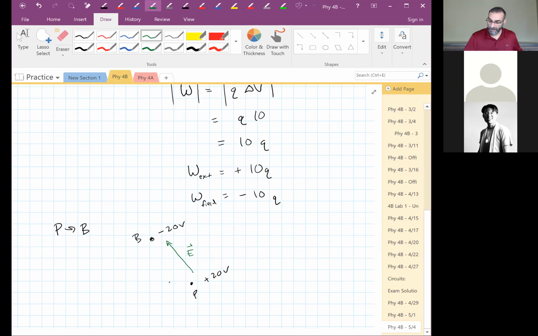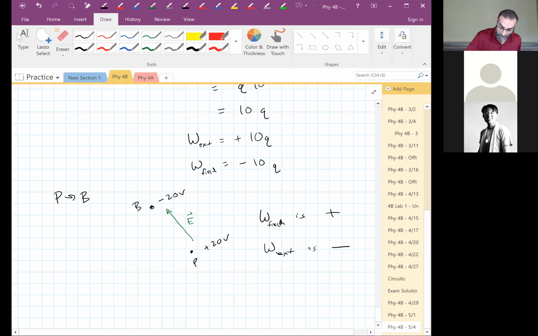If there's one thing you remember from this class, let it be that. So that means if we release a positive charge at point P, the field is going to push it in that direction. The field is doing positive work. And if we wanted to end at the same speed it started with, we would have to reach in and slow it down and do some negative work.